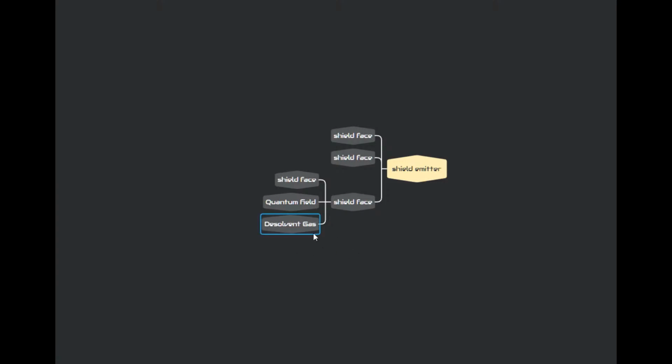So we'll have a dissolving gas, which is a corrosive. And then we can also have an interference, so it's a suspension field. So shield face, quantum field, and dissolvent gas.